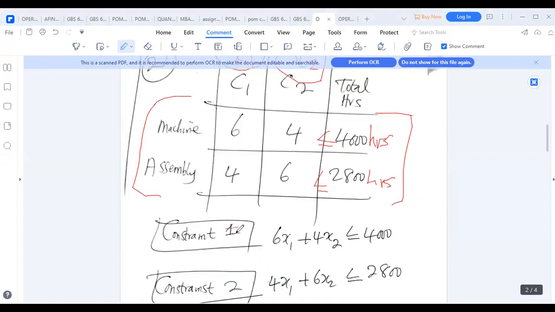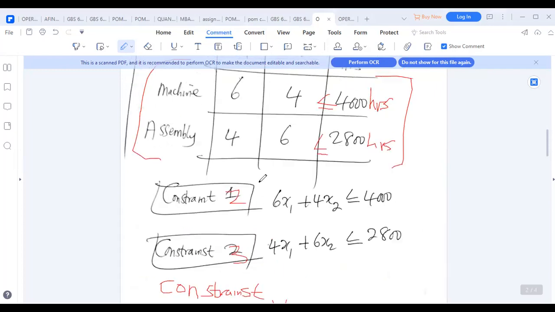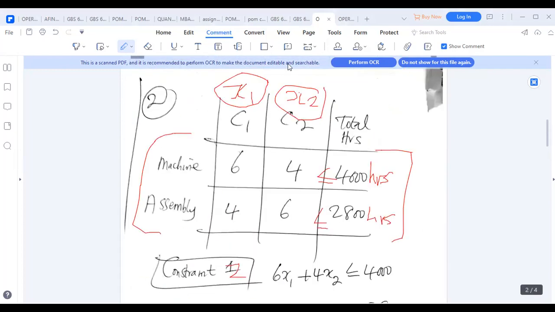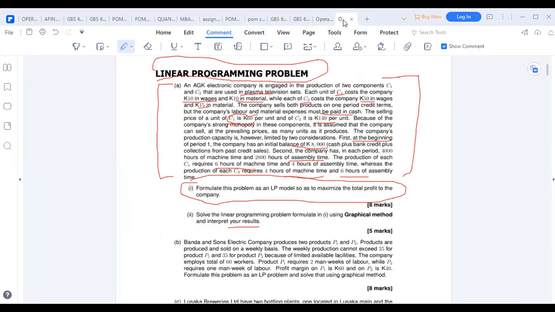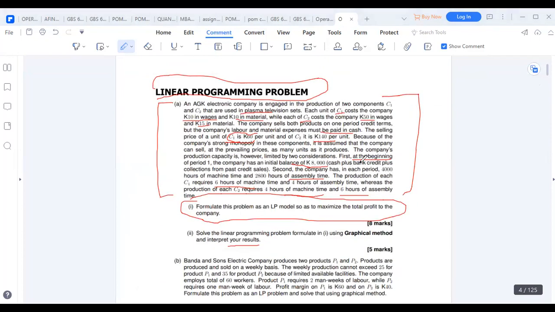This one we can call constraint 2, and this one constraint 3. The reason is because from the question here, they're saying at the beginning of period 1, the company has an initial balance of 8,000 to pay for material and labor expenses, to pay for the wages and material.